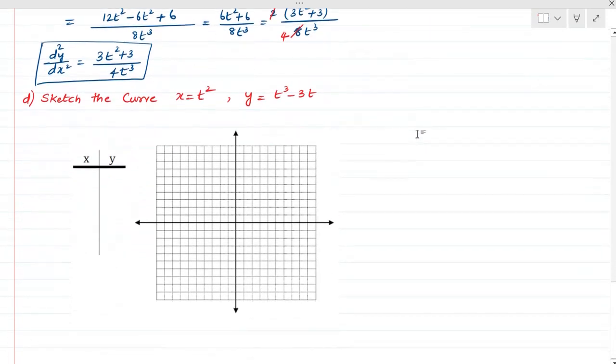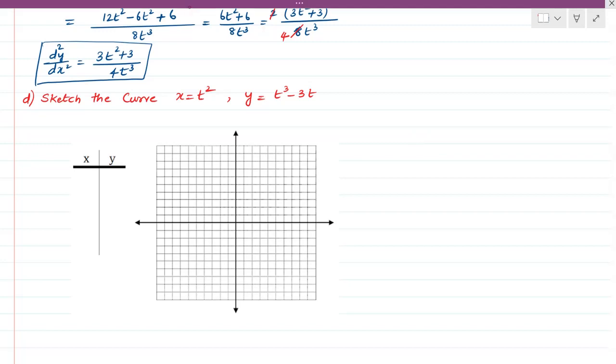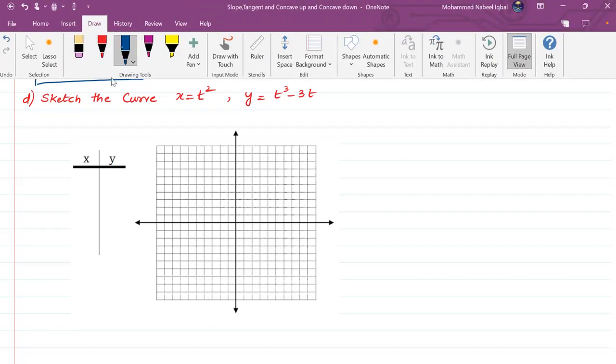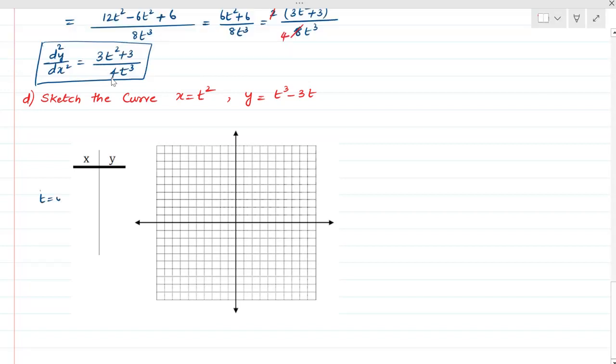Now the sketching is the same as what we discussed in our previous video. We have to give values of t as 1, 2, 3, then substitute. So t is equal to minus 1, 0, 1, and 2. When I substitute for x, it becomes 1, 0, 1, and 4.